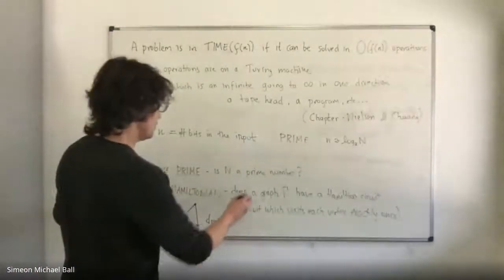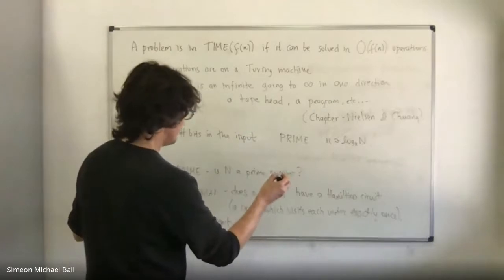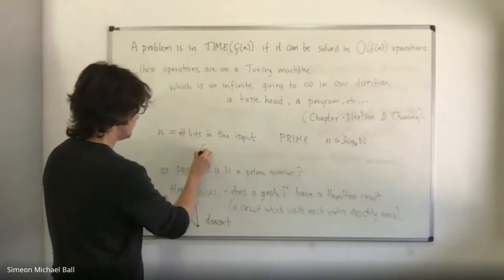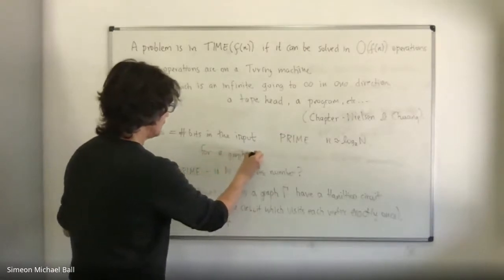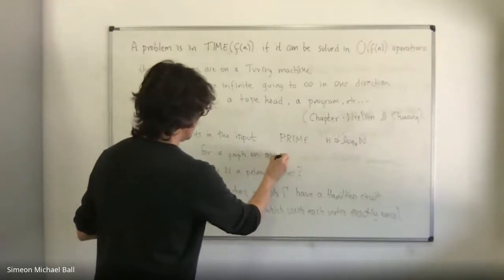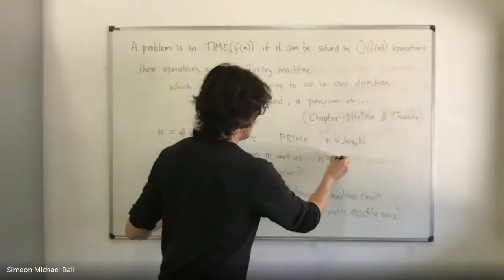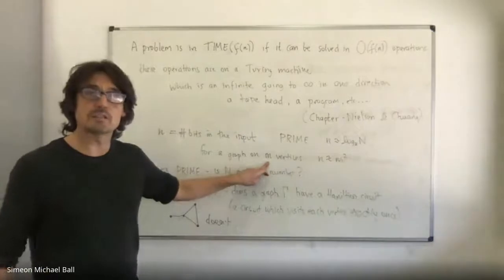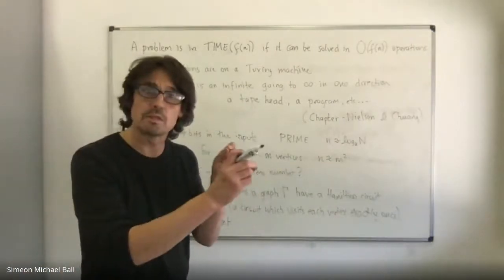Whereas for a graph problem, little n is about n squared, because I have to tell you for each one of the n vertices whether there's an edge between the two.